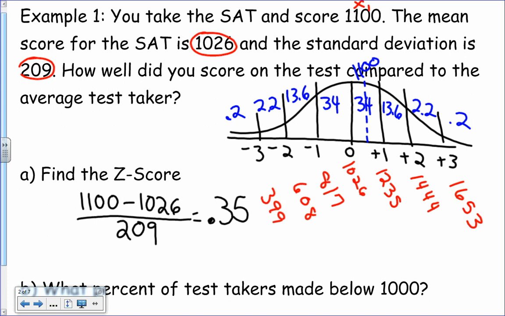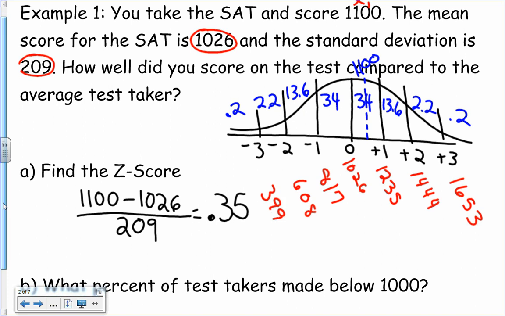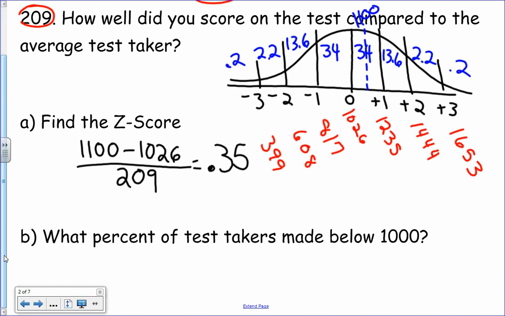All right, so here's how you read the chart. Now listen, this is a key. 0.35 is your z-score. When you read this chart, is it positive or negative? Positive. So go to the positive chart, which is the one with all the positive numbers. On the left-hand side, you want to go down to where it says 0.3, and then you go over to where it says 0.05, because your z-score, guys, is 0.35. Down to 0.3, over to 0.05.